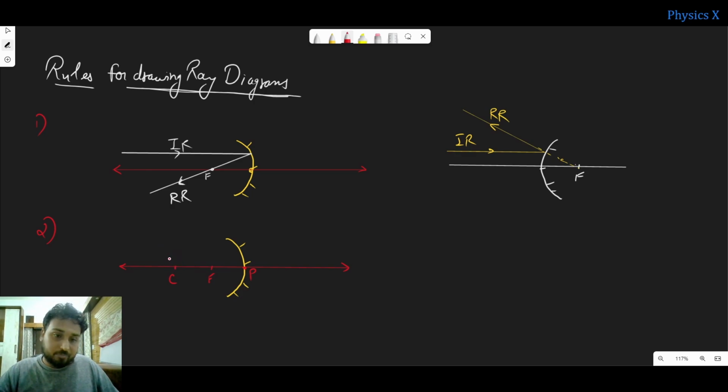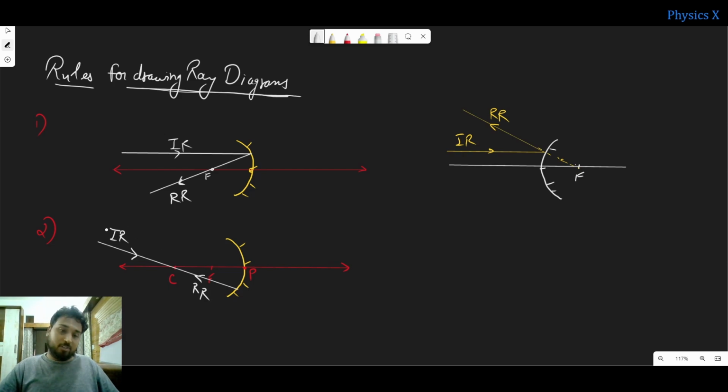And now this law states, the second rule you need to remember, that whenever the incident ray is passing through the center of curvature like this, what will happen? The reflected ray will be bounced back along the same path.